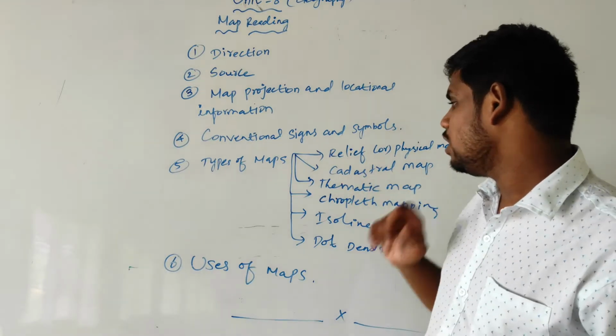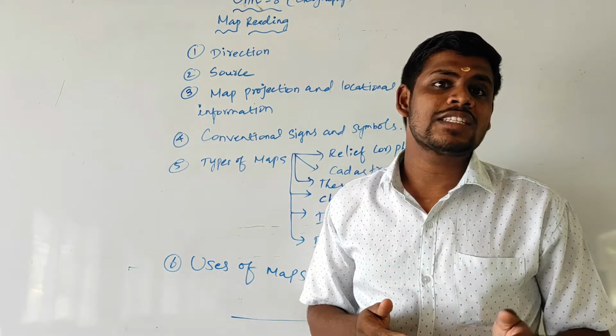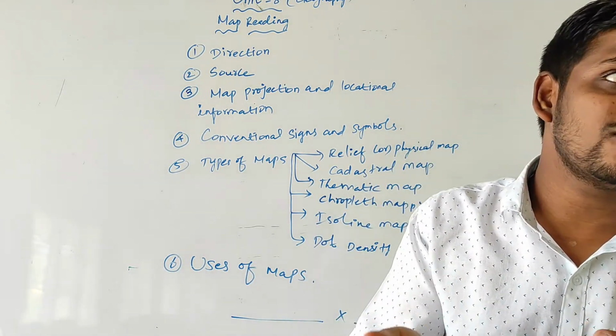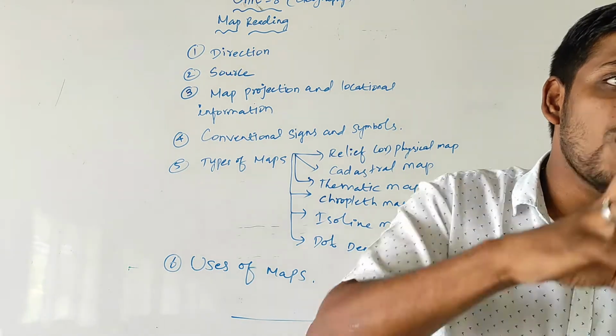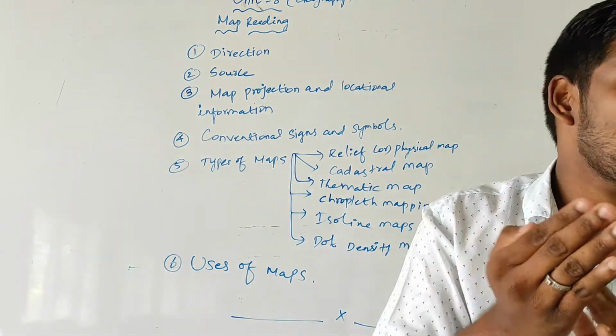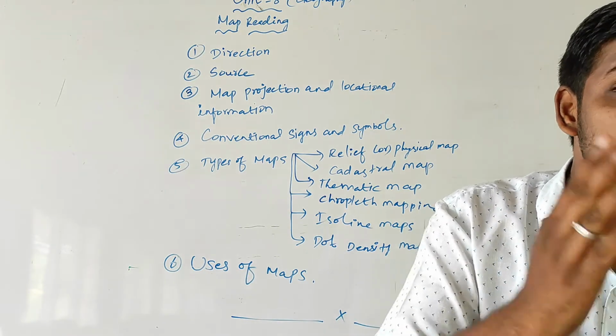Next we will discuss the cadastral map. A cadastral map refers to a map that shows the boundaries and the ownership of land within a specified area.